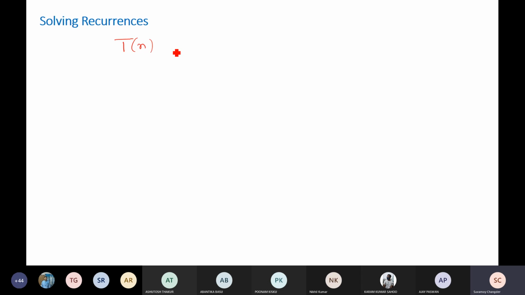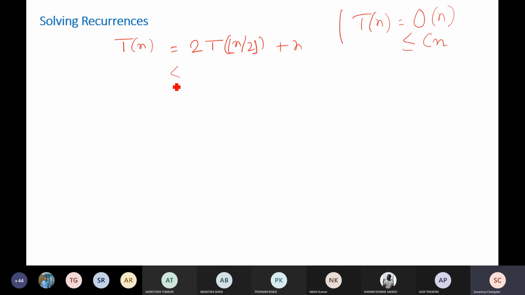Let the equation be given as T(n) = 2T(n by 2) plus n. Again, let's store value. Okay. Let us consider the assumption is T(n) equals to big O of n. So as per the definition, this is equals to c into n. Now let us put this value. What we will get? 2c n by 2 plus n. Simple.